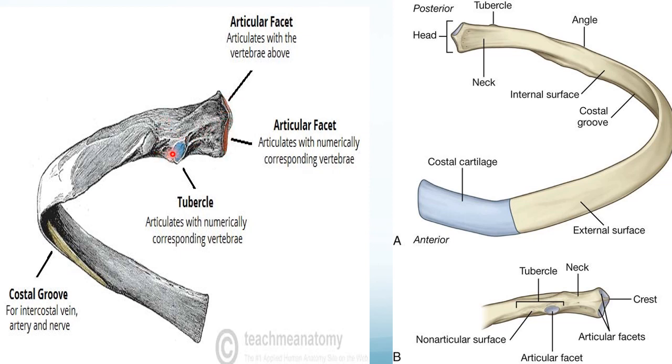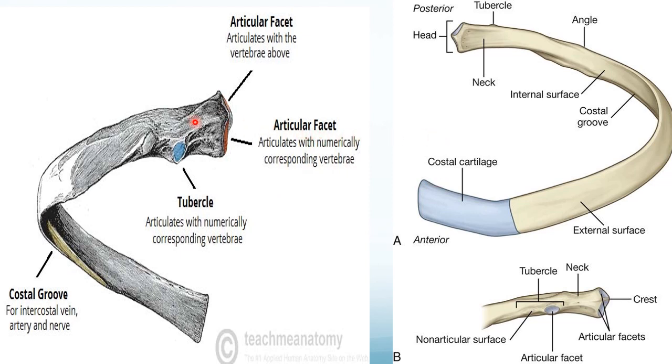The costal tubercle has an area for articulation with the transverse process of the thoracic vertebra, and a non-articular part which is connected with ligaments to the thoracic vertebra. The upper border is rounded, while the lower border is sharp, showing the costal groove containing the neurovascular bundle.